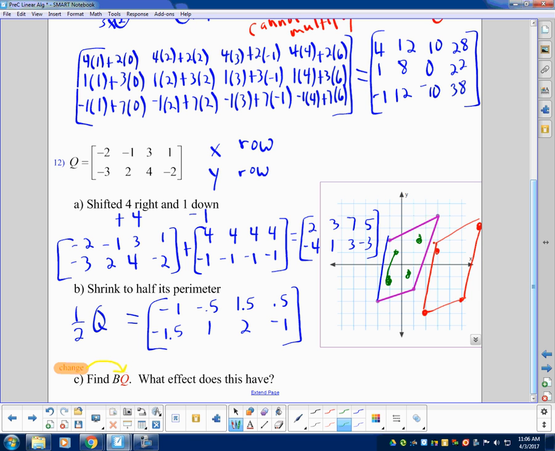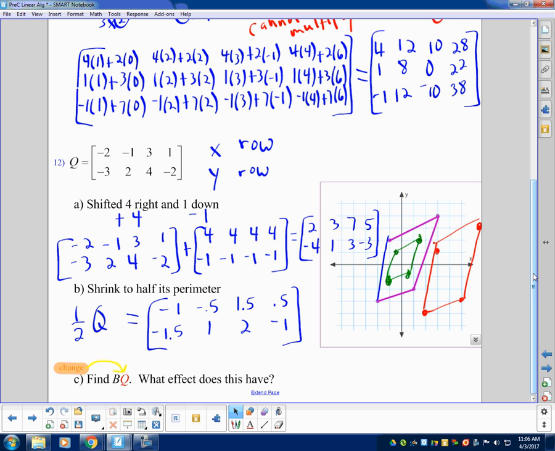So I have this little guy right here that is half the size of the one I started with. This is one of the applications of matrices, that whole connection to geometric transformations, to transform geometric shapes or any shapes. And then you can apply these different properties of matrices to them.